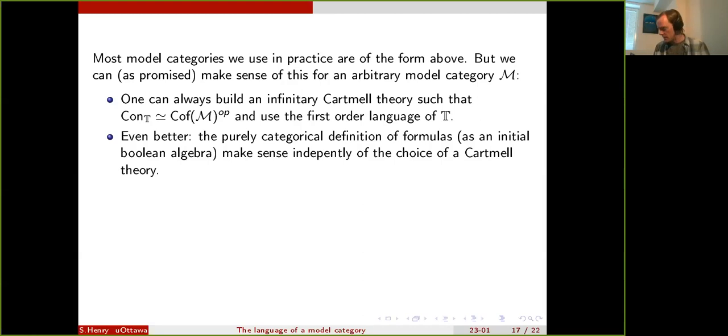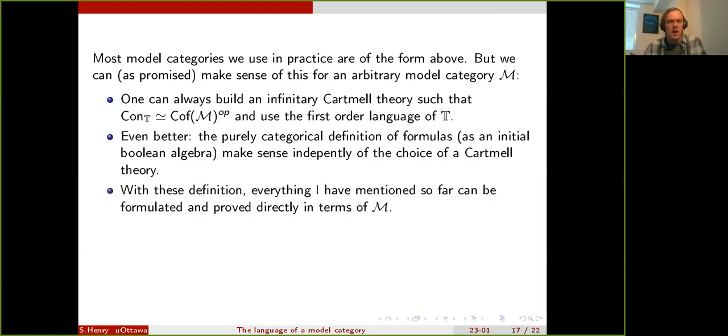You will need to invoke a contextual category only if you want an explicit syntactical definition of what your formulas are, which sometimes is useful, but in practice, you can still write formulas without choosing the Cartmel theory and just using the cofibrant objects of the model category.